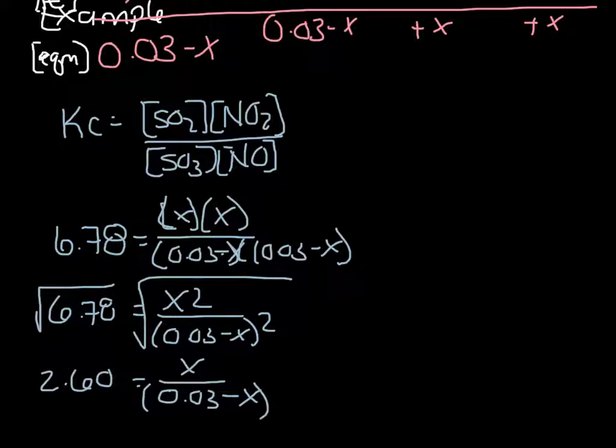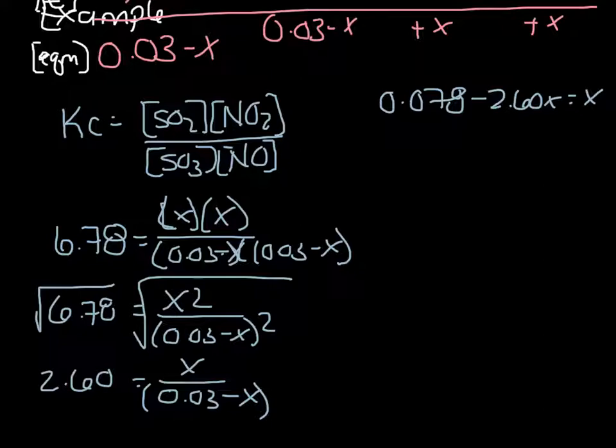Then we just solve this algebraically. I'm going to multiply 2.60 by 0.03 minus X so that we can isolate X on the other side of the equation. So when we do that, you get 0.078 minus 2.60x equals x.